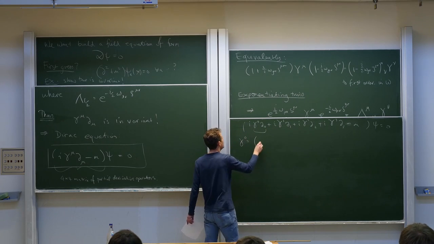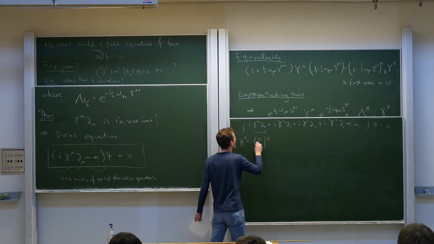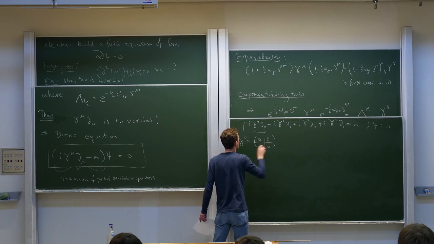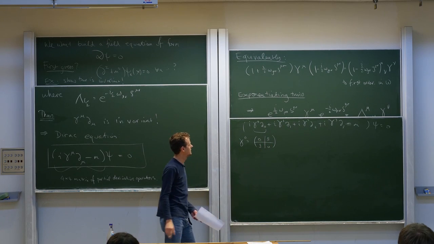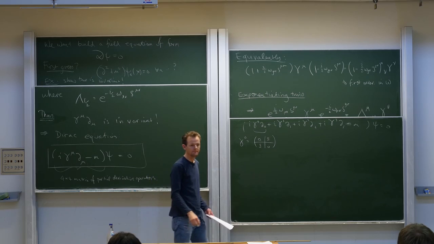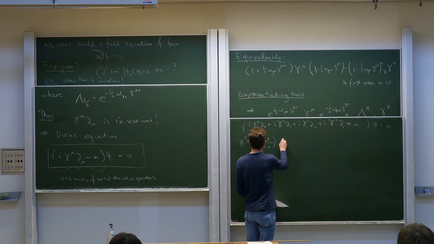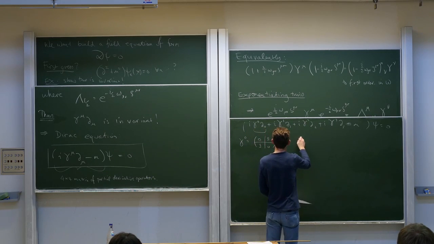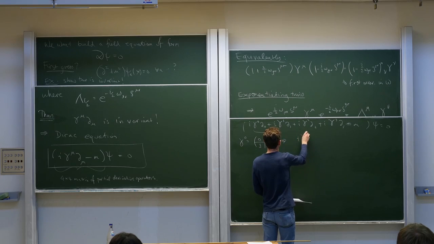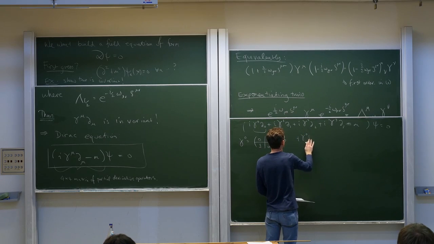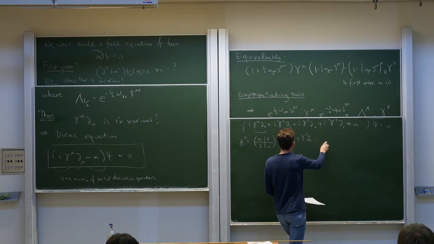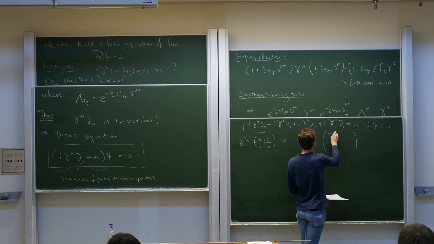Remember gamma naught looks like this. So that implies that i gamma naught delta naught looks like this.